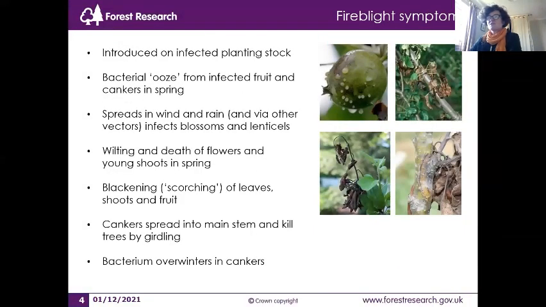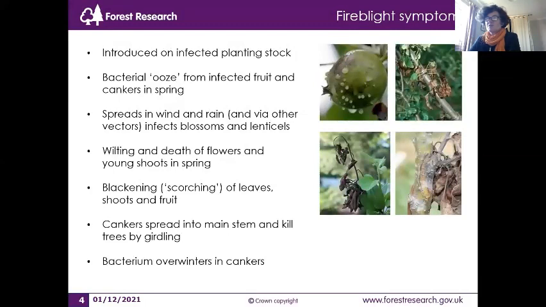So in terms of symptoms to look out for, it's introduced into new areas on infected planting stock. So that's the key pathway of introduction. The bacteria will ooze from infected fruit and cankers in the spring.